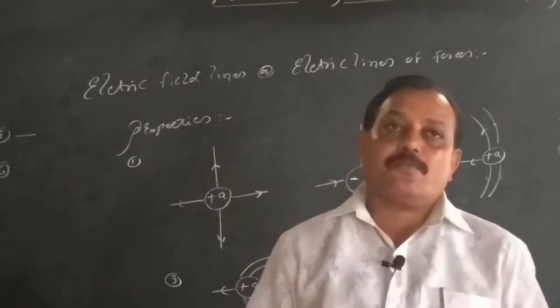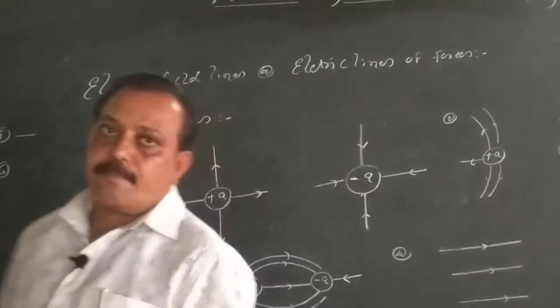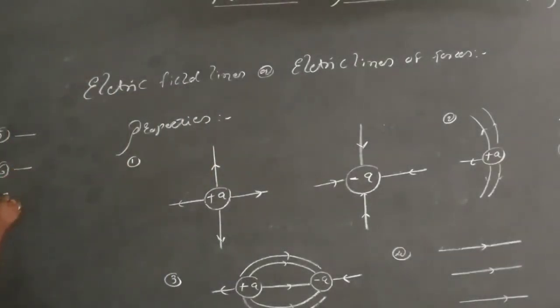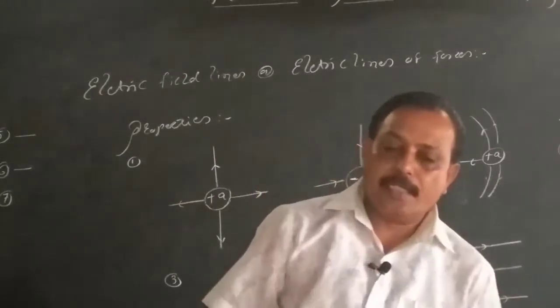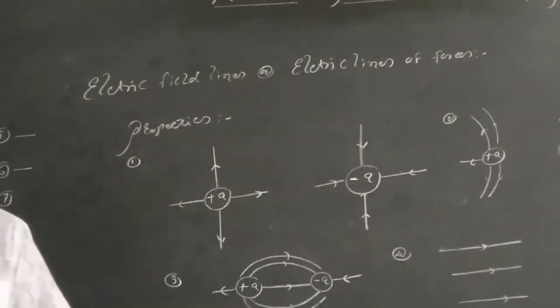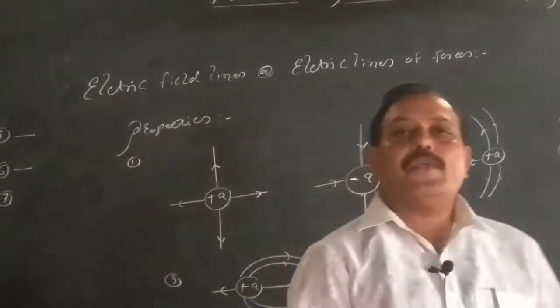Then the large number of electric lines of forces represent the strong electric field. Then seventh property: if the electric lines of forces are spread wide apart, then that indicates what? The weak electric fields.